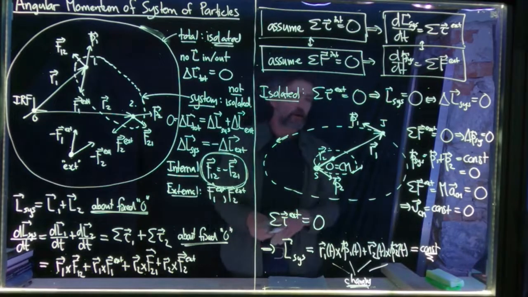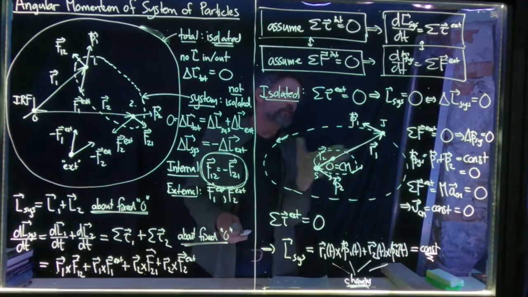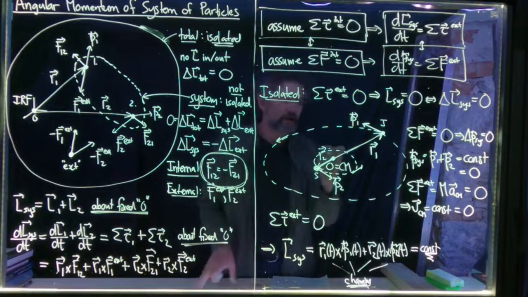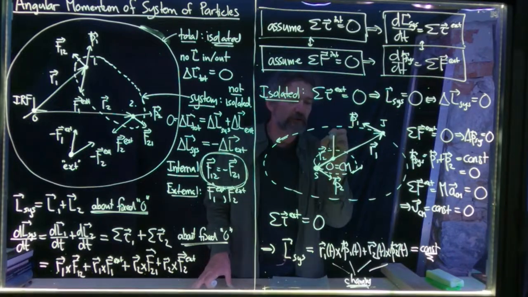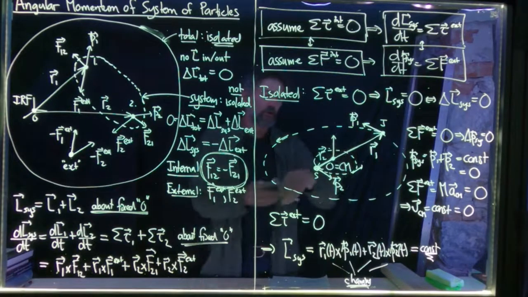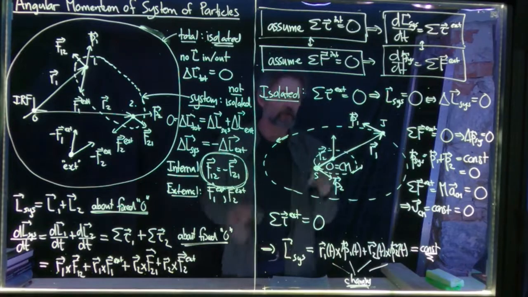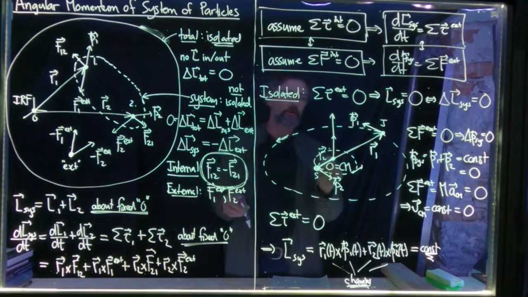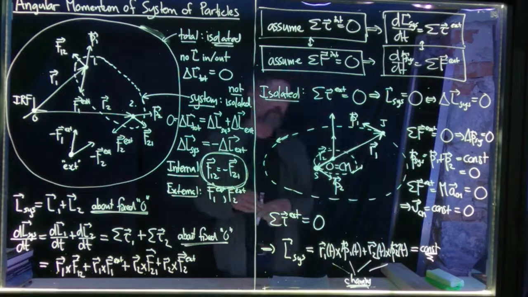And what is it? Well, R1 cross P1, we just apply the right-hand rule, is a vector pointing up. And then R2 cross P2 is also a vector pointing up. Both of these objects have angular momentum about that point in the upwards direction, like rotating that way, counterclockwise from the top looking down.